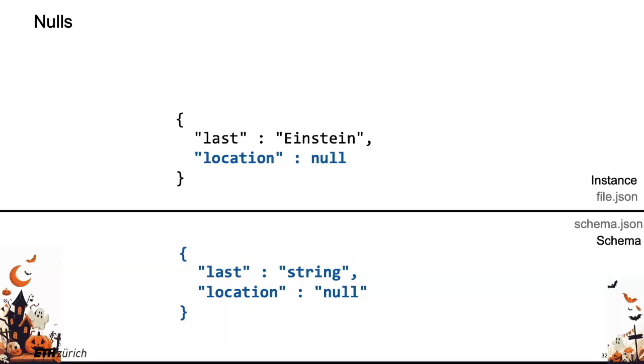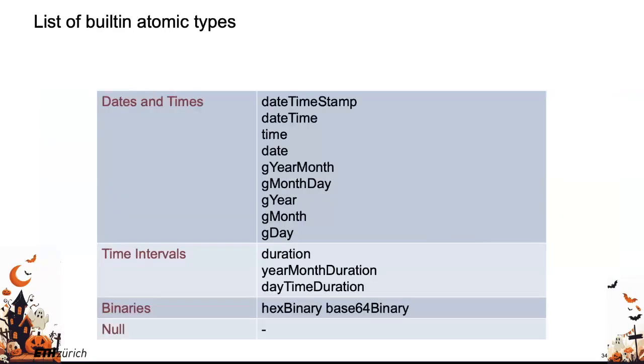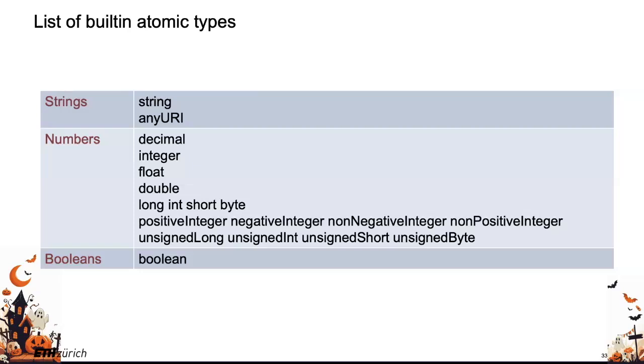And so when you introduce the notion of a schema validation, you do not want to restrict yourself to just 4 types, string, number, Boolean, and null. You want all these types here. I'm showing you the full list here. All of these, that's a huge list. All of these have a typed value space. They have a lexical value space and a mapping between the two.